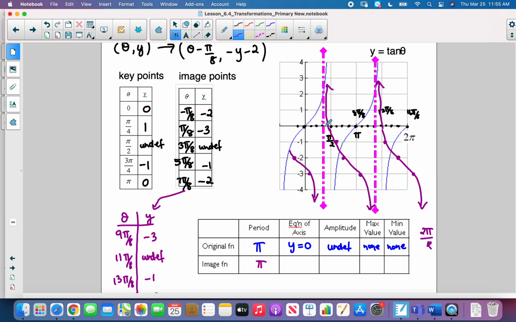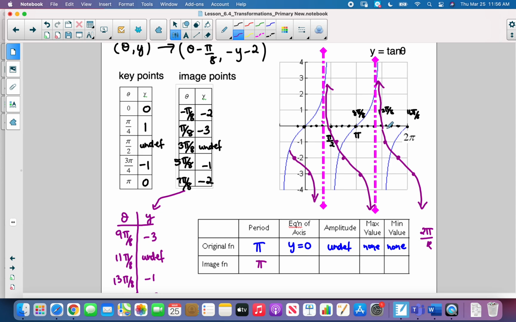It repeats the cycle. So let's say pi to this point here. So that would be pi over 8, 10 pi over 8. It still stays as pi.